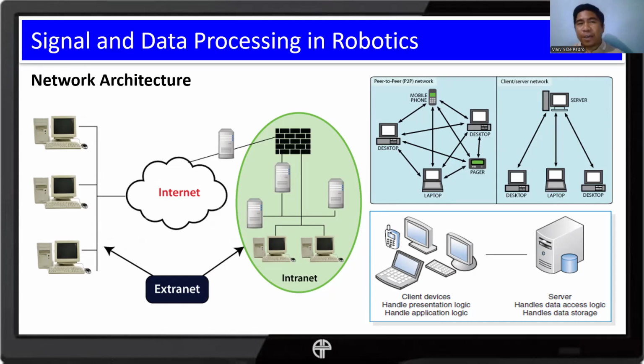But usually, especially when we have IoT, then automatically, as the name implies, Internet of Things, these things must communicate with the other things outside through the internet. Especially with the use of cloud technology.